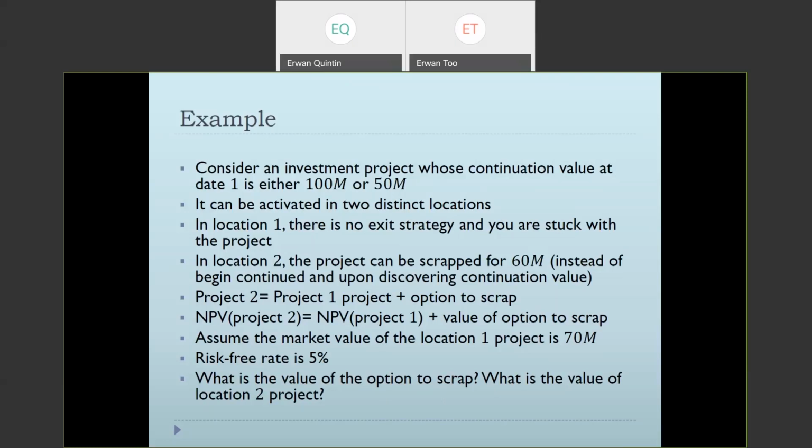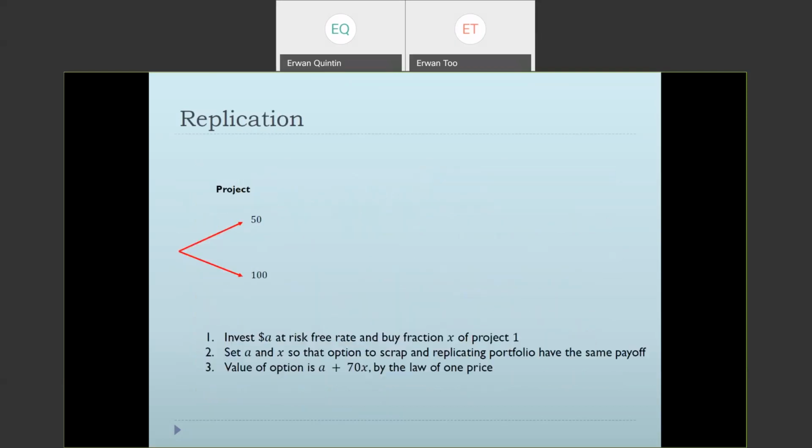Okay, good. So it turns out that this is a completely traditional option pricing problem. So we're going to do exactly what you are going to do in Finance 330, or maybe what you have done in Finance 330 already. So we begin. What we're going to do is use a replication argument.